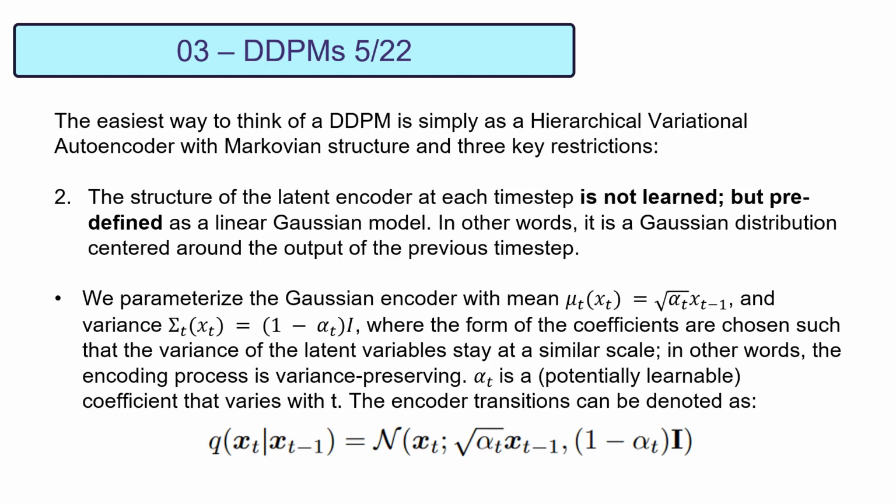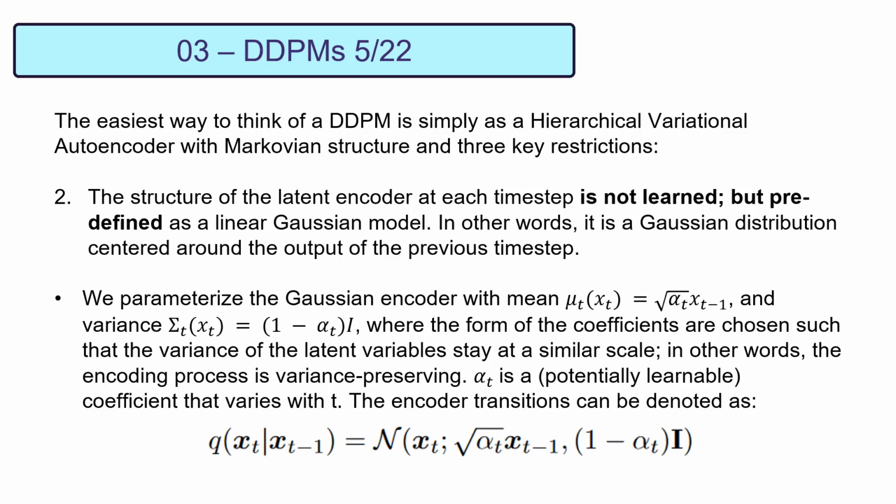So what is going on with alpha? Alpha is a coefficient. It can be learnable, but that makes the thing very complex. We're not going to look at that particular process, but we want to preserve variance. From one step to go to t from t minus 1, I don't want the variance to explode, and I want the image to shift from the input image. So alpha obviously varies with t, and we have a particular alpha for each point t. To understand this simply, you can consider alpha as a linear schedule.